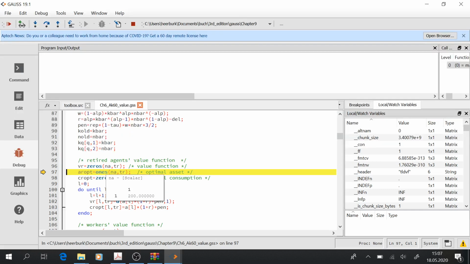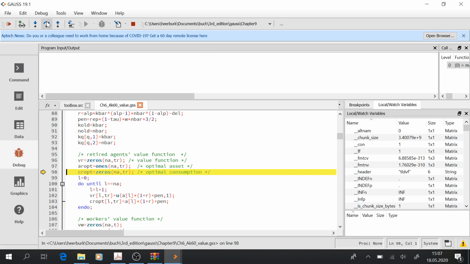So the first argument is the grid points. The second argument is the retirement period. And we do the same with the optimal policy with regard to next period assets. Call this vector AR opt for assets of the retired optimal, and also CR opt, so for the retirees optimal consumption.